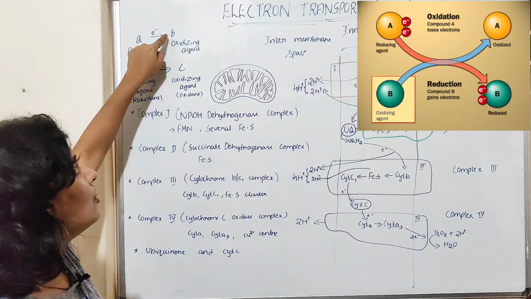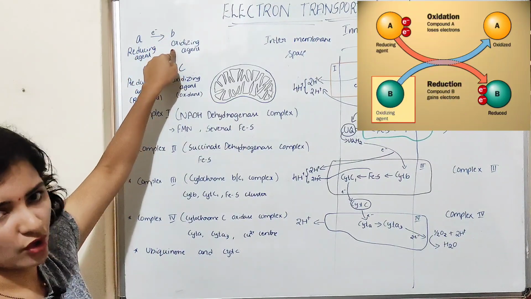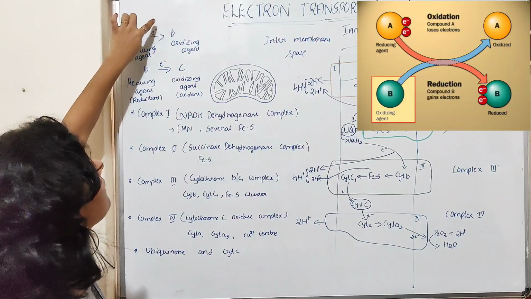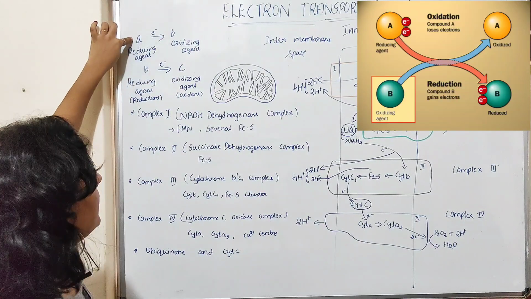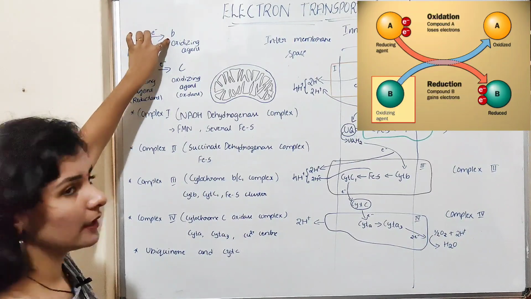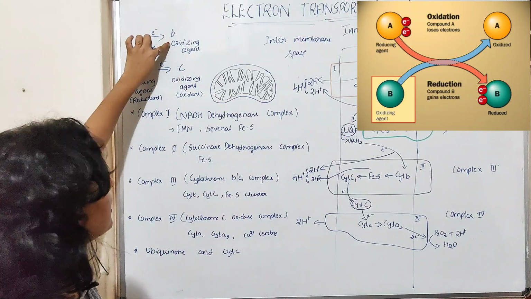So the carrier which is ready to accept the electron is called an oxidizing agent or oxidant. So A, which had an electron, has now donated the electron to B, or A gets oxidized and donates the electron to B. So now B has received the electron, or it gets reduced.